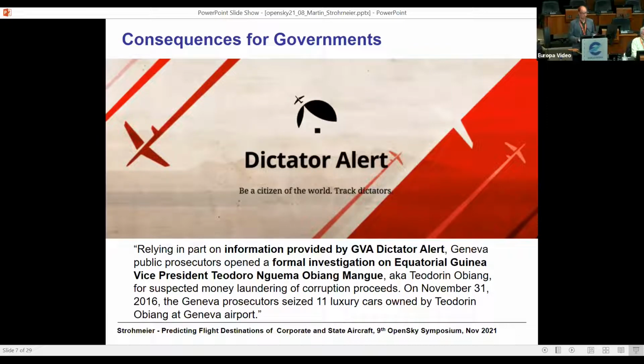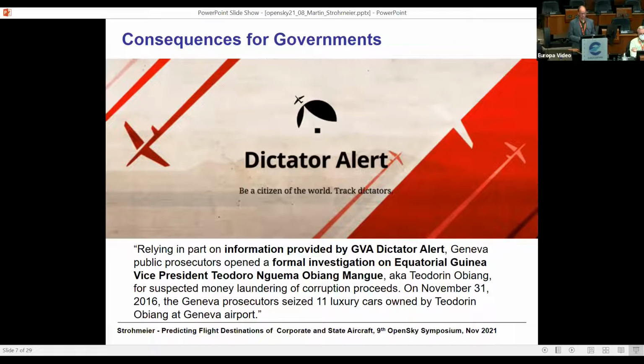This is a well-known case where some journalists in Geneva set up a simple ADSB-based bot tweeting out certain aircraft from certain governments, just going and departing Geneva Airport. And this was mentioned in certain proceedings.